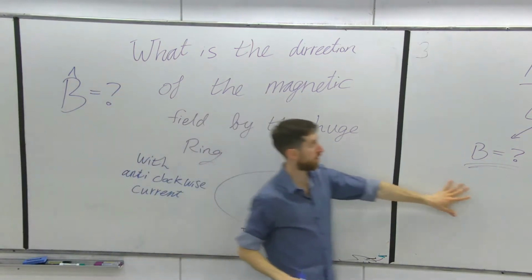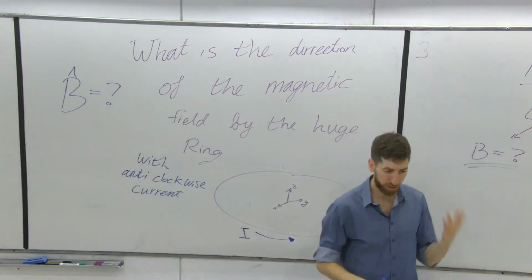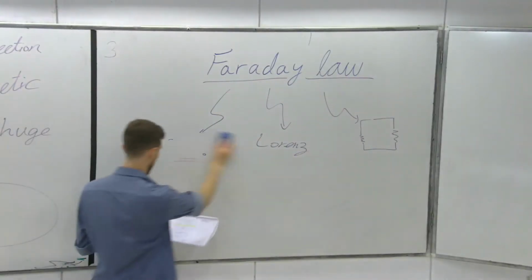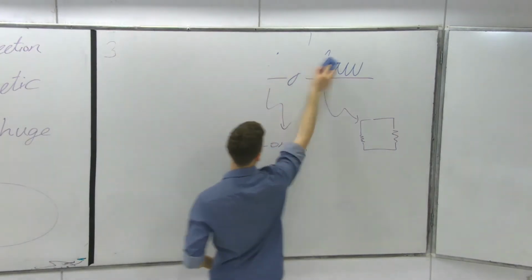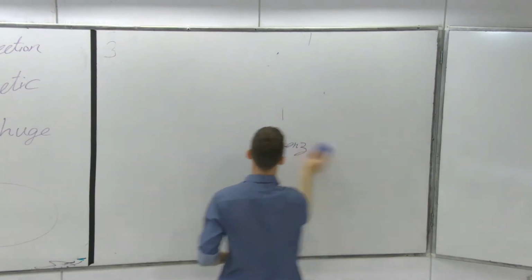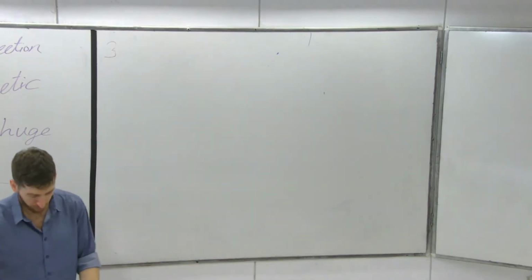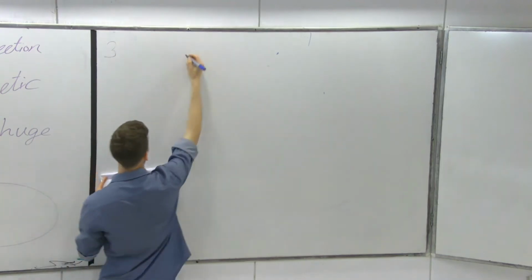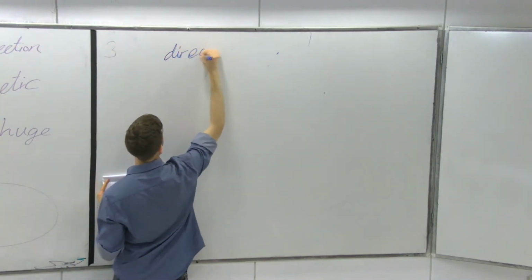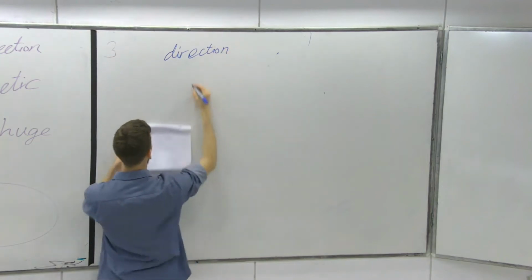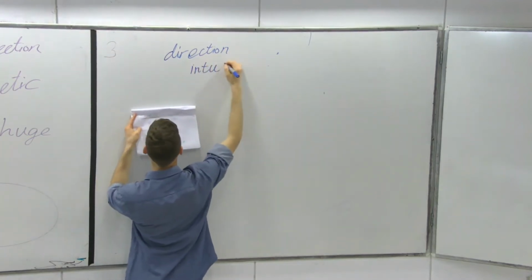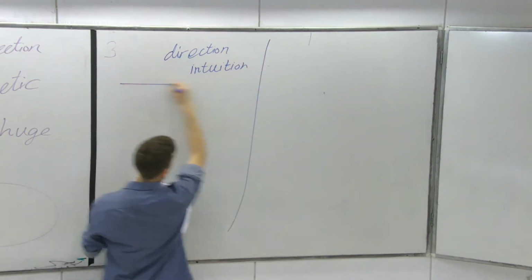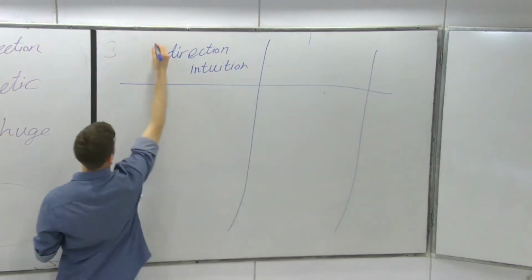So let me clear this one, and I want to do a summary because I told you that this subject is really good for a summary. So I want to do a table, and we're going to fill the table. So we talked about that if we want to find, for example, the direction intuition.